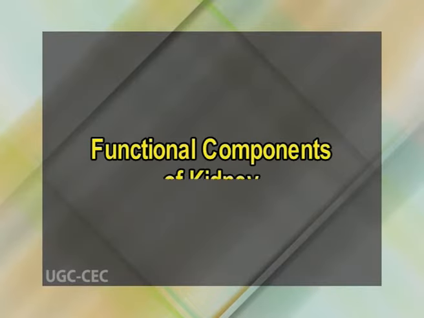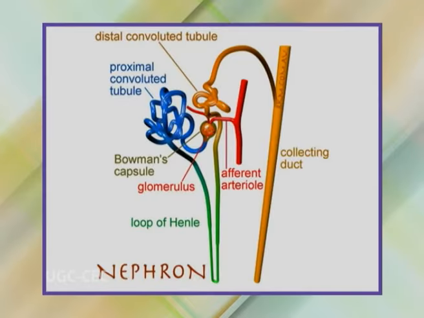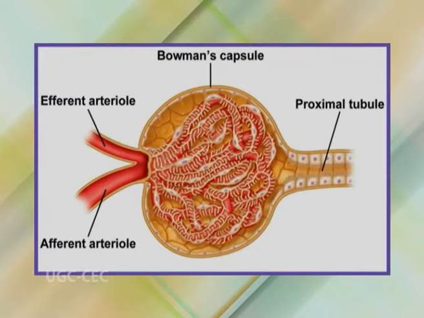Now, the functional components of a kidney. The functional unit of the kidney is called a nephron. It consists of two main parts, the glomerulus and the tubular system. The glomerulus is composed of a Bowman's capsule and a tuft of leaky blood vessels encapsulated by the Bowman's capsule. The primary purpose of the glomerulus is filtration.